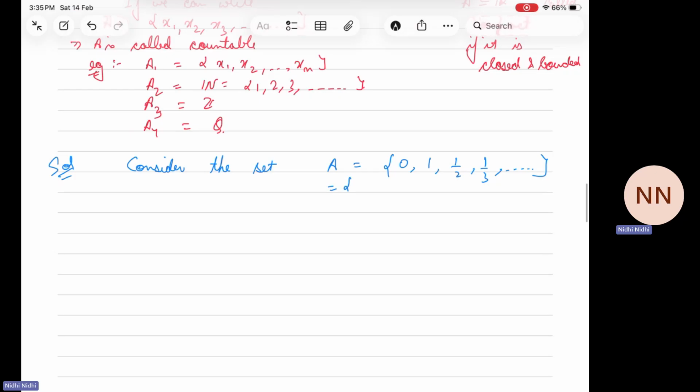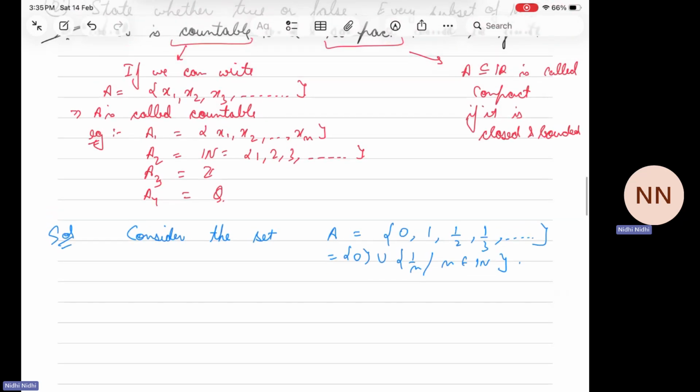So basically this is {0} union {1 by n, n belonging to N}. Now this set, clearly this is bounded, since 0 less than or equal to x less than or equal to 1 for every x in A. This implies A is bounded.